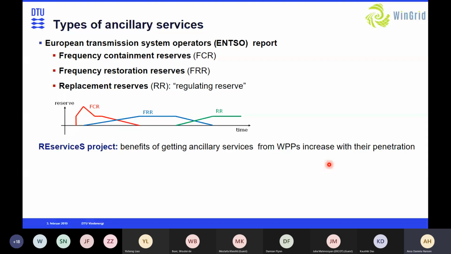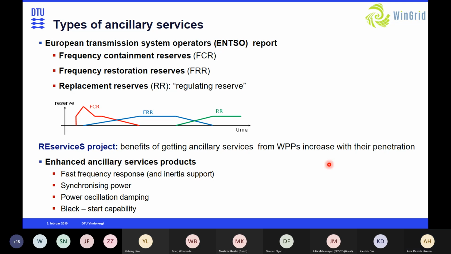And the conclusion based on this project is that the results clearly show that the benefits of getting services from renewables increase with an increased penetration of renewables.